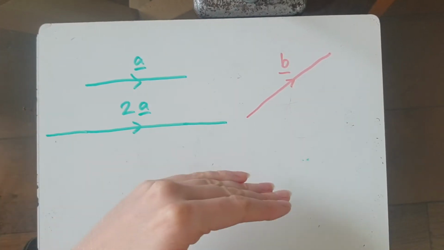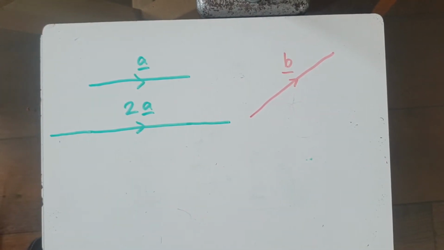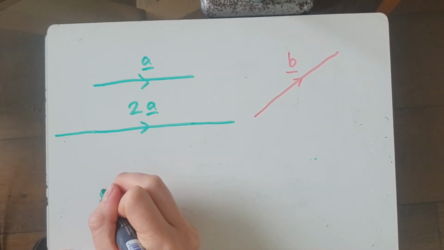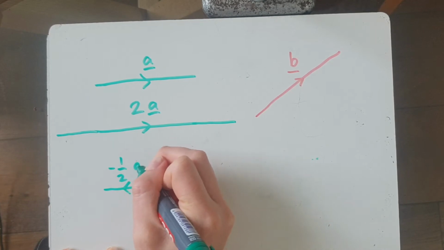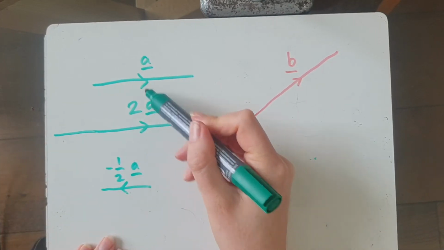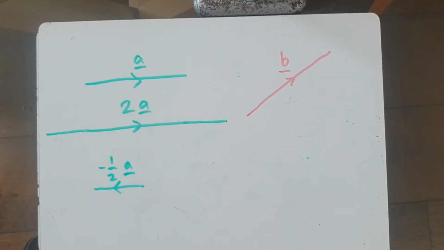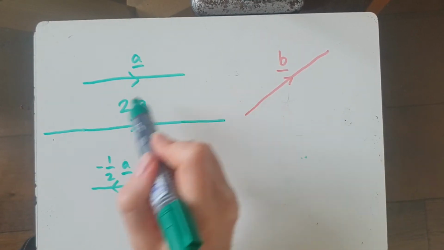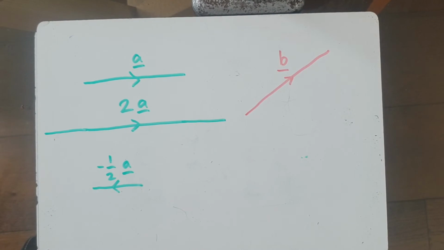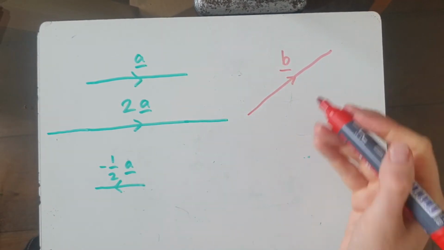So A and 2A would still be parallel. And so would negative a half A, because it is the A part, not the scalar part, that determines the direction. And any vector that only has A in it is going to be moving only in this direction, and so they will be parallel. The same with B.